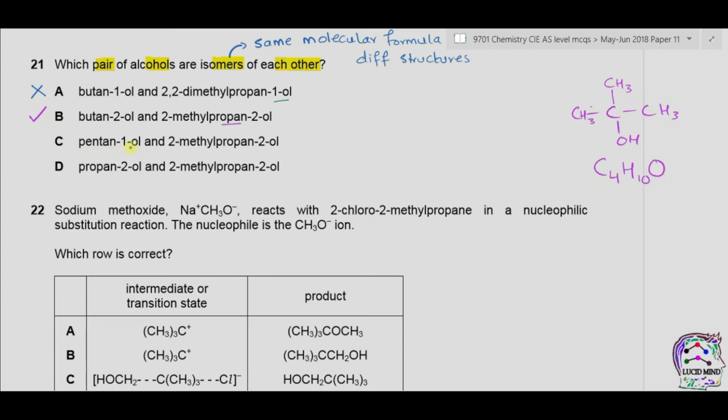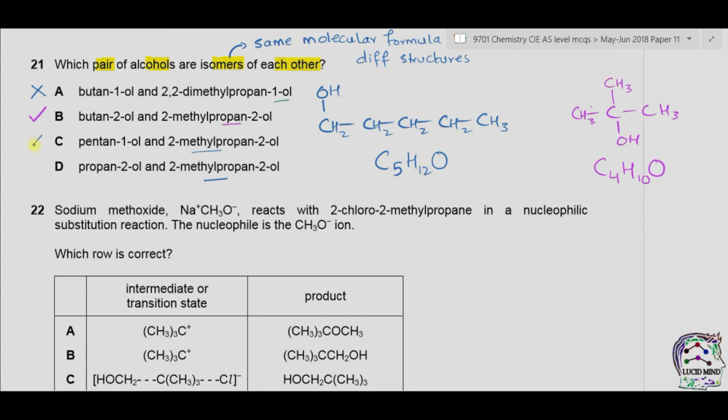For C we have pentan-1-ol and 2-methylpropan-2-ol. Let's draw the structure of pentan-1-ol. In pentane we have 5 carbon atoms in the long chain, and 1-ol means OH is attached to the first carbon. As we can see, the number of carbon atoms is 5, while in 2-methylpropan-1-ol the number of carbon atoms is 4.